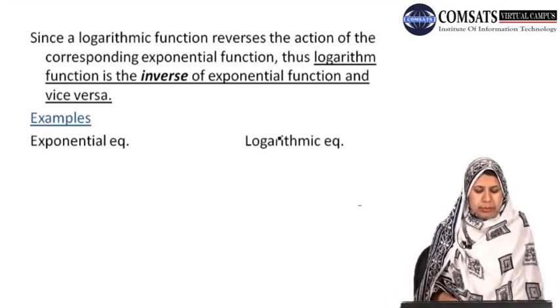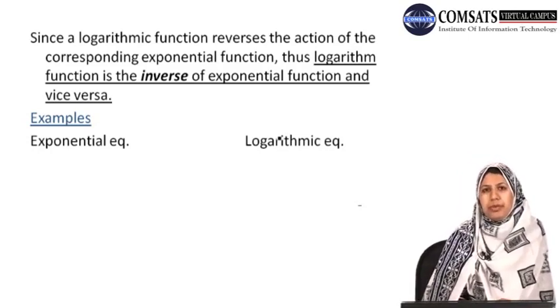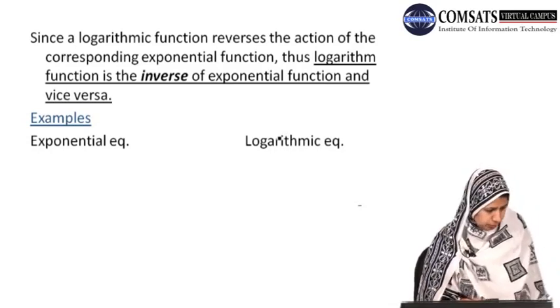Okay, let's have a look at some examples where we first have exponential equations and we will transform these equations into the corresponding log equations.